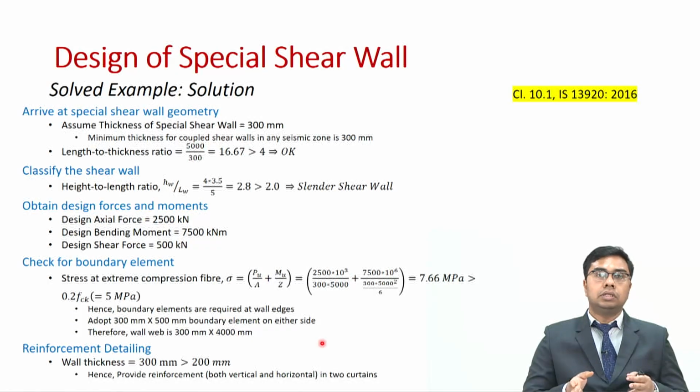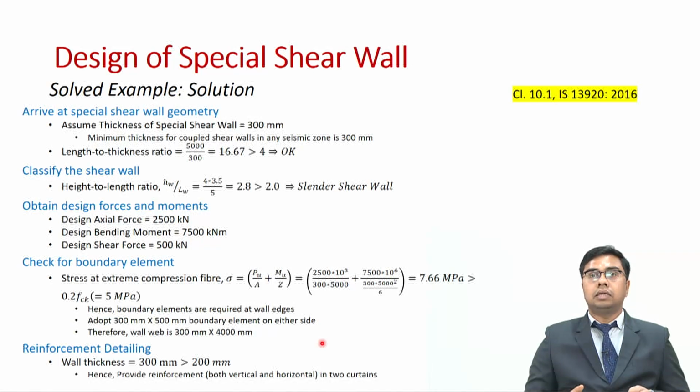We have looked at those guidelines in the previous class, probably in lecture 6.3 and 6.4. You can always go back and look into that. I also suggest that you have a copy of the code IS 13920 during these classes, so that you can make the most use of the class. Now, we need to provide the reinforcement in 2 curtains.